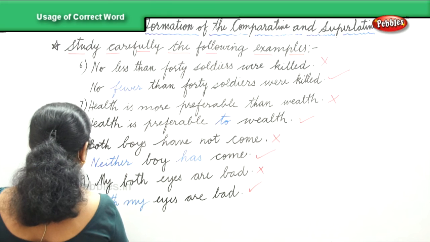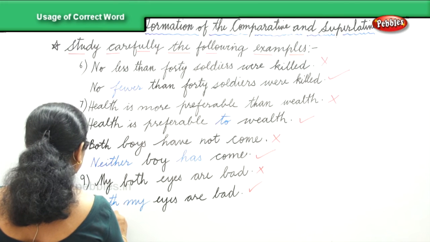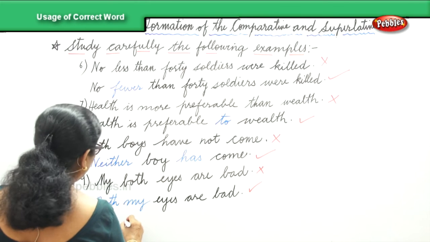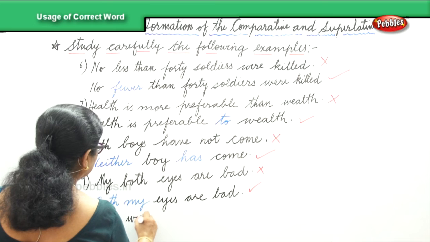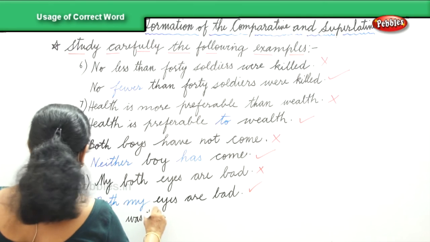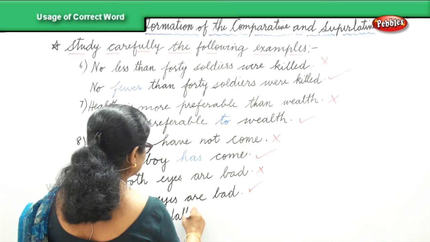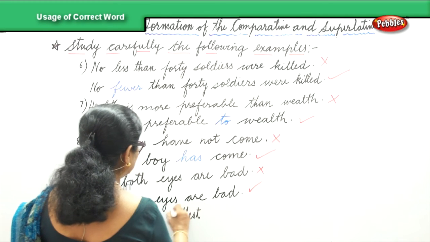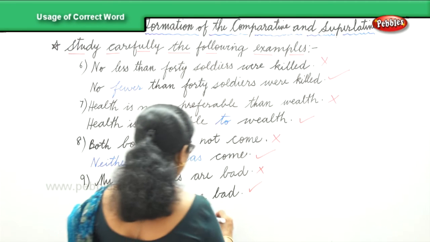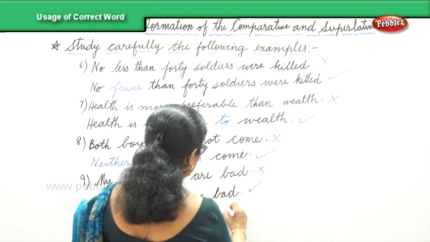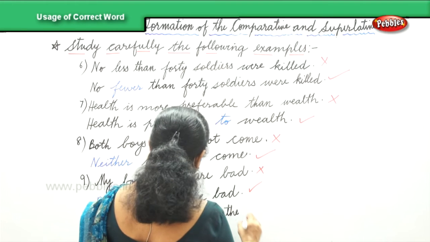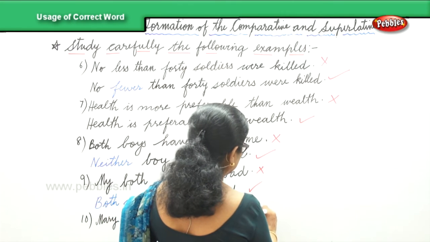Mary was the tallest of the two sisters.